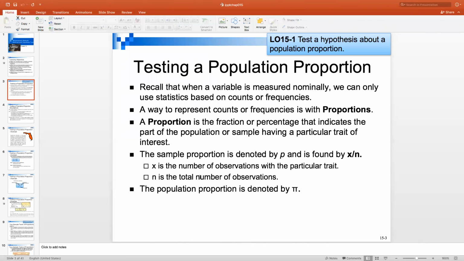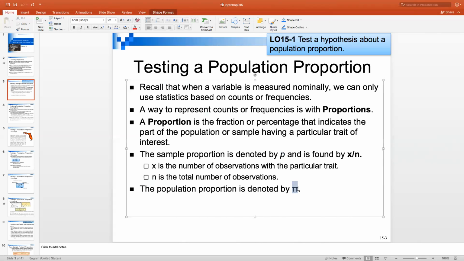So if 10 people like the color blue and there are 100 people, then of course 10% is the proportion, or the percentage indicating the part of the population or sample liking the color blue. So we have a p, lowercase p, very important, a symbol there for us. And then we want to compare that later to pi. And here's pi. What does it say pi means?